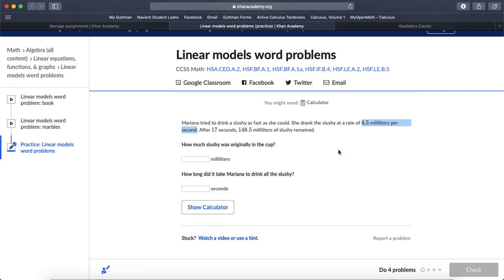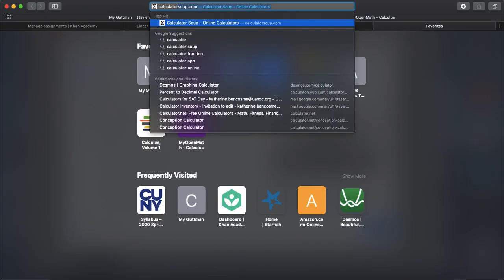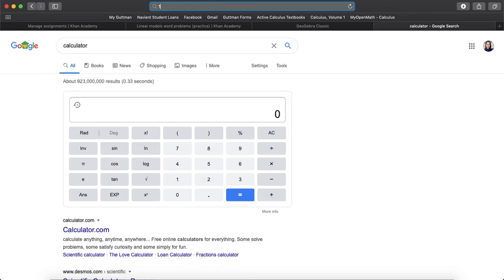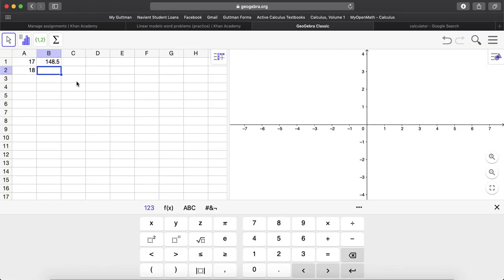So what I'll have to do is subtract 148.5 minus 4.5. So at 18 seconds, there'll be 144 milliliters of slushie remaining.